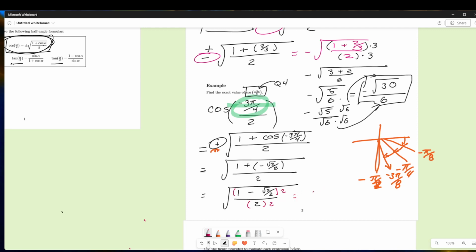So that's going to turn into the square root of 2 minus the square root of 2 over 4, or the square root of 2 minus the square root of 2 all over 2 if you square root that denominator. Now that's ugly, a square root in my square root. I hate when that happens, but sometimes we have to deal with it. And it actually happens a fair amount with half-angle formulas, unfortunately.